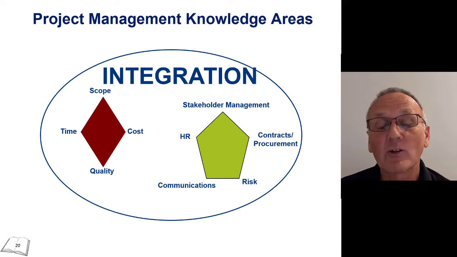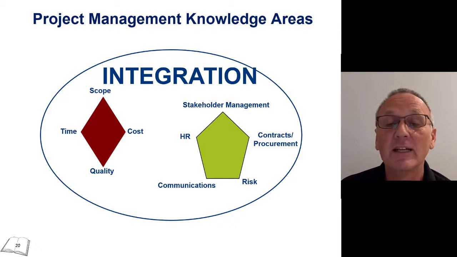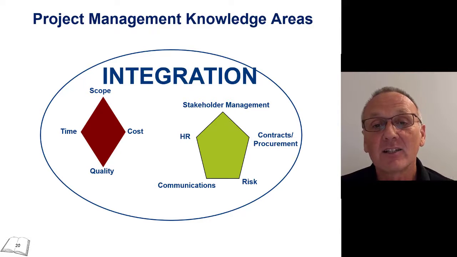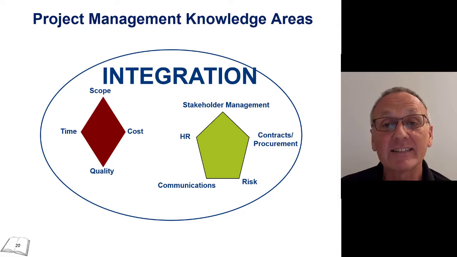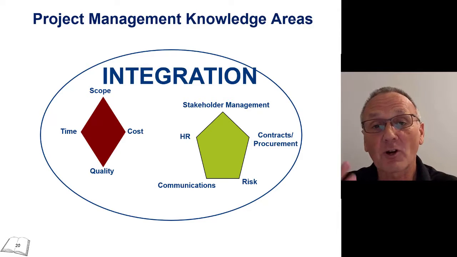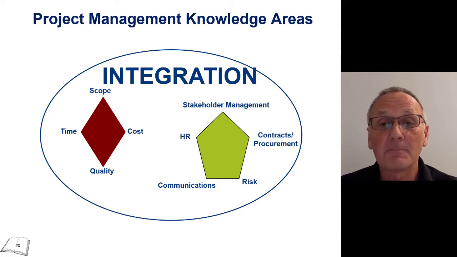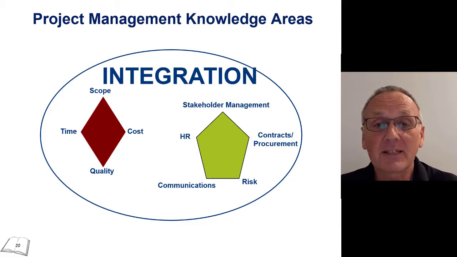So we integrate all of the other different elements. That is, we don't try to manage scope in isolation, or time, or cost, or quality. We make sure that we manage all 9 of these different management elements cohesively. So that is the toing and froing, the manipulating of how much we have of one in order to achieve others.